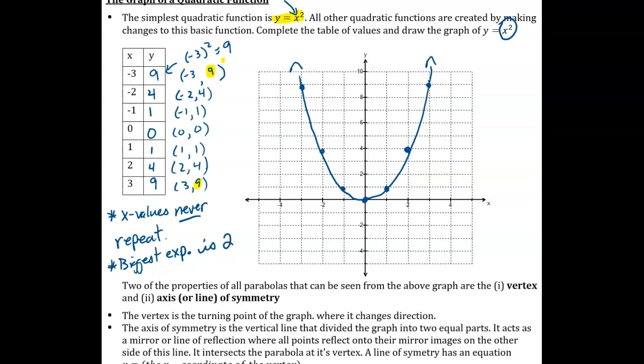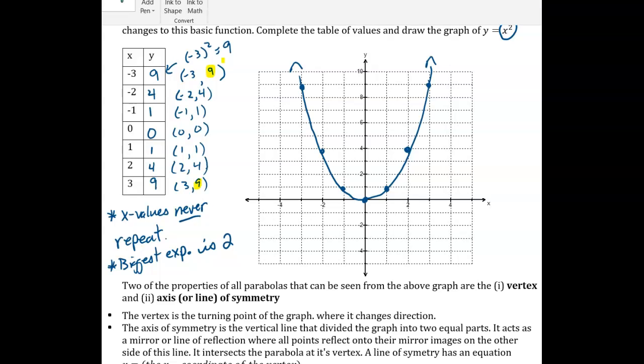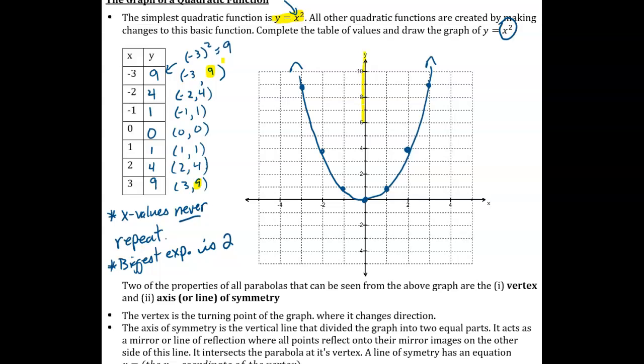Now some features of this. So yeah, we do have a bend. The graph also has what we mentioned last class, a line of symmetry. It's symmetric. In other words, you could cut this graph in half. And the line of symmetry, if you're seeing it now, think of it like a fold point. If you were to print this off or take your paper and put a crease in it, you could match these points up.